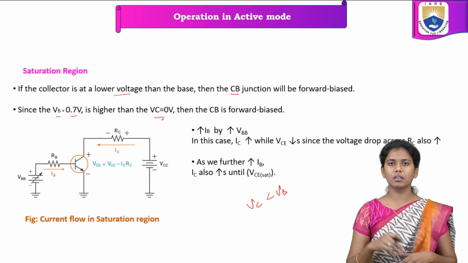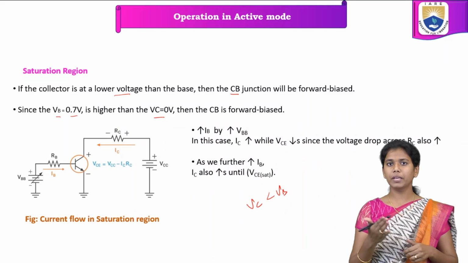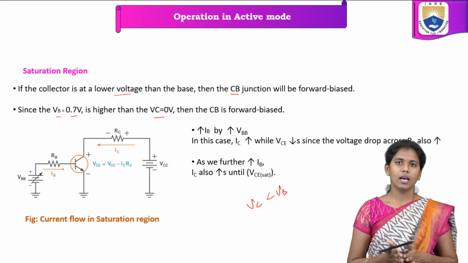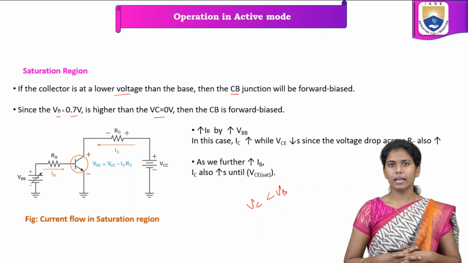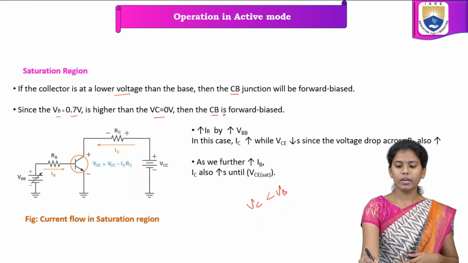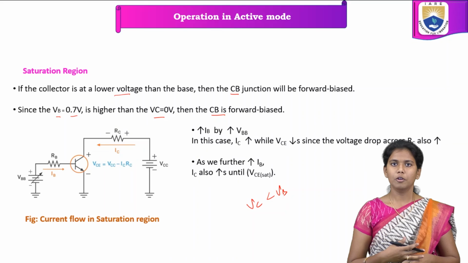The collector voltage drops to 0 volts, such that when the current is 0, it means no current flows in the collector region. And then what happens is, because the collector-base junction would be in forward bias.